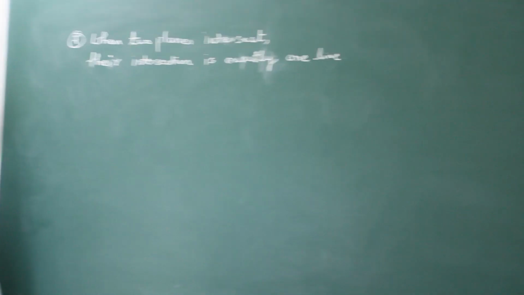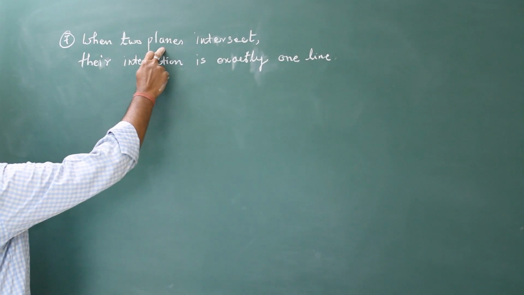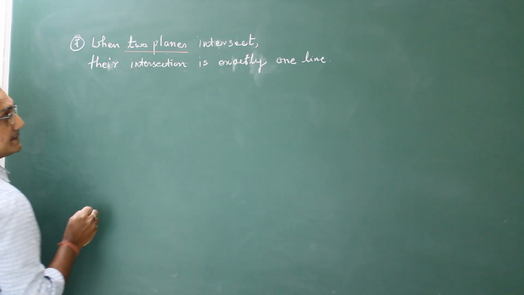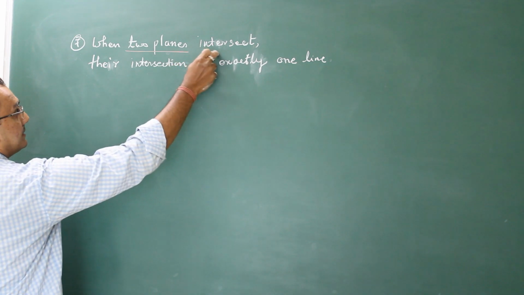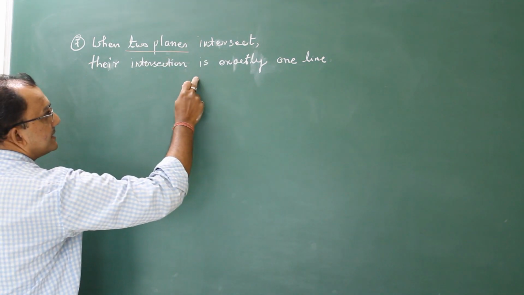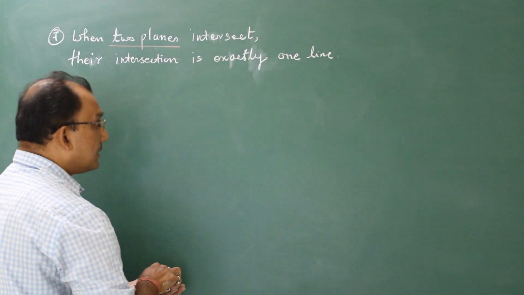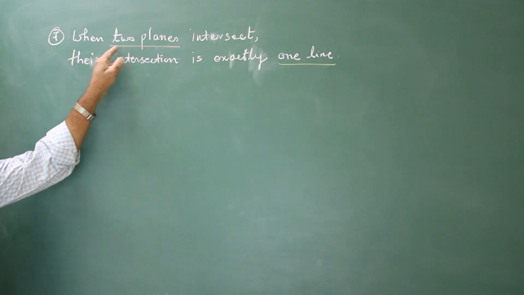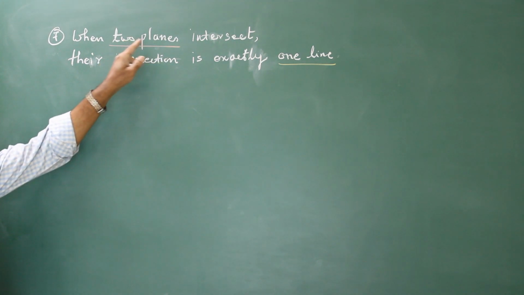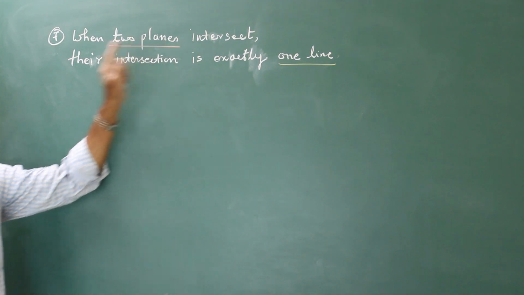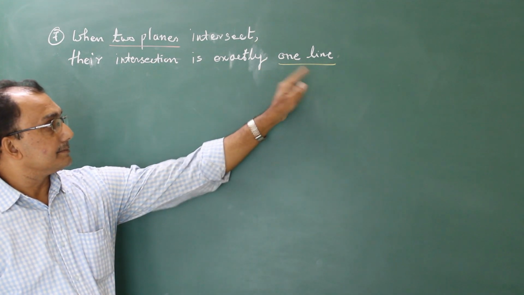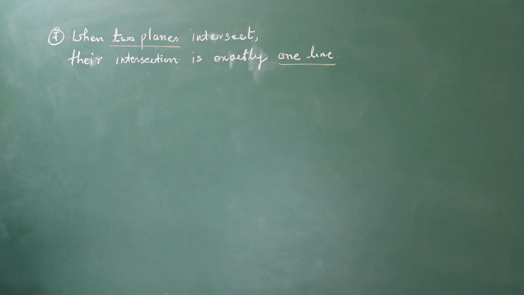Axiom number 7. The wording is: when two planes intersect, the intersection is exactly a line. Here plural things are there. When two planes intersect, the intersection is exactly a line. Exactly one line. What does it mean?